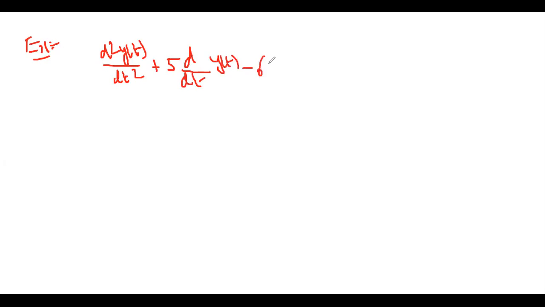D square y of t by dt square plus 5 d by dt of y of t plus 6 y of t is equal to minus d by dt of x of t.